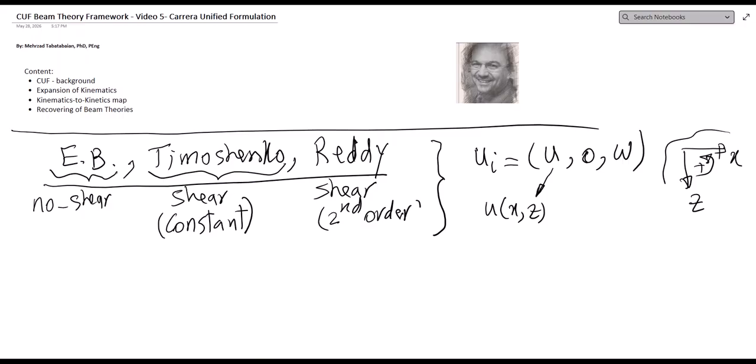The x is along the axis of the beam and z is downward, and all the motion happens in this plane, and w is a function of x.